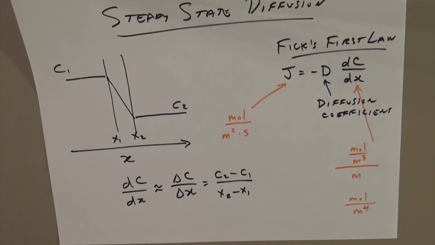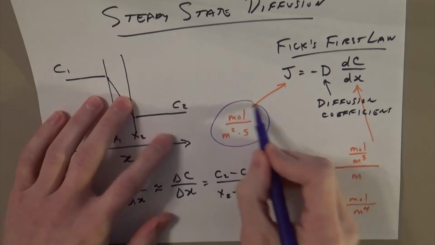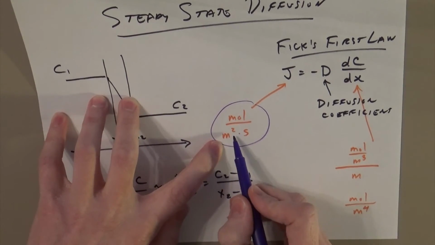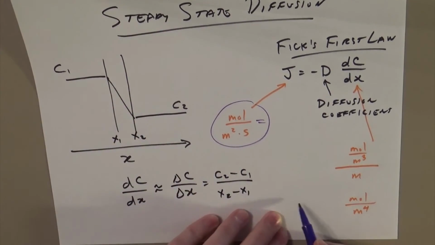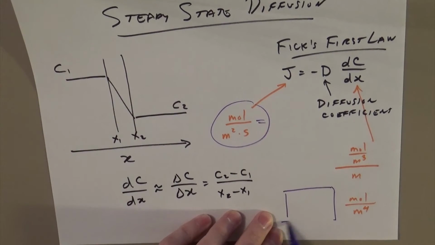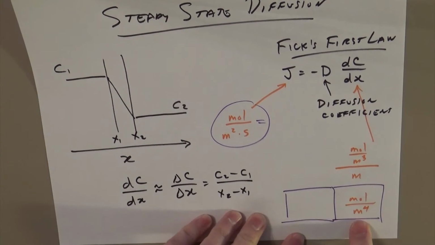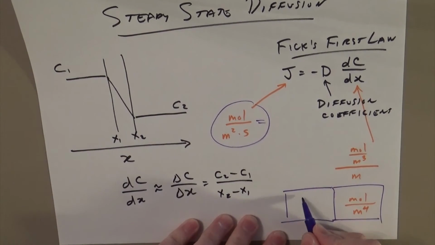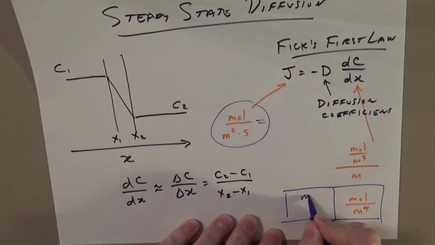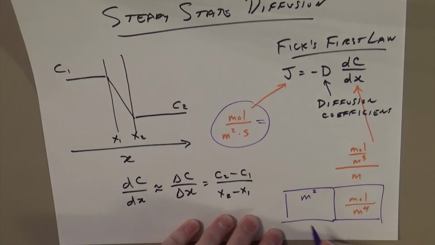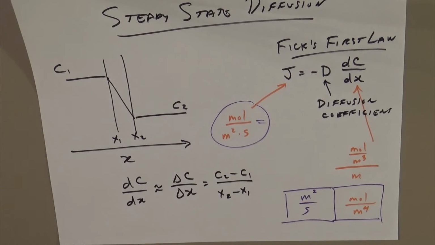And that means that in order to get a relationship, mole meter squared per second equal to something times mole per meter to the fourth, that means that we must have a diffusion coefficient with units of meter squared per second, right?